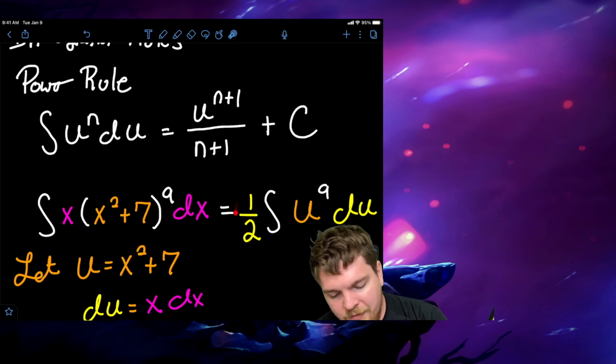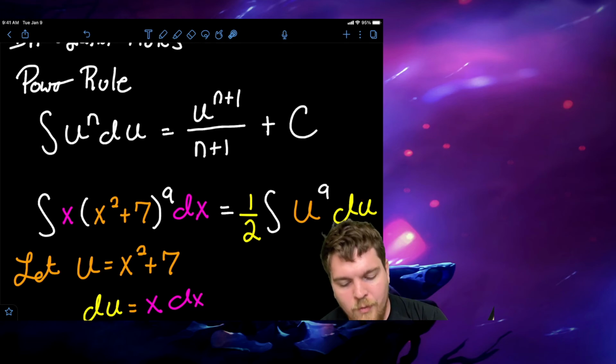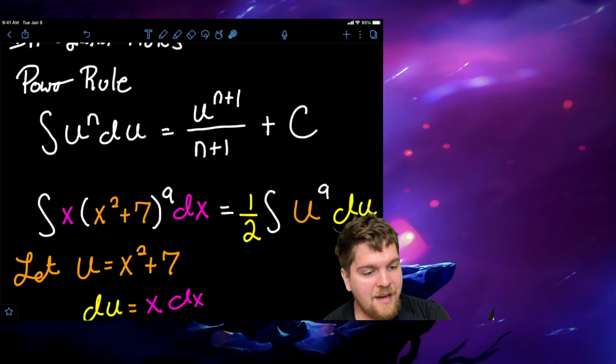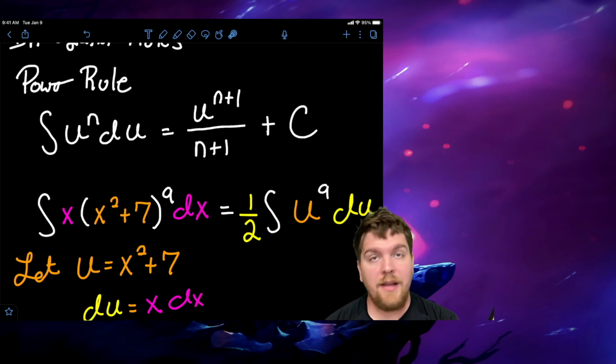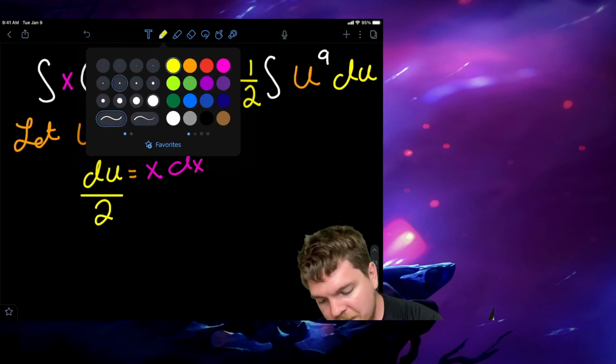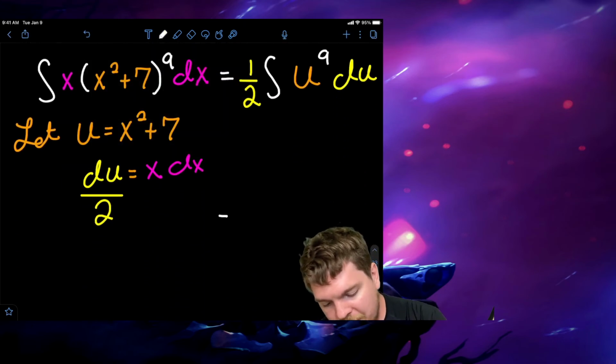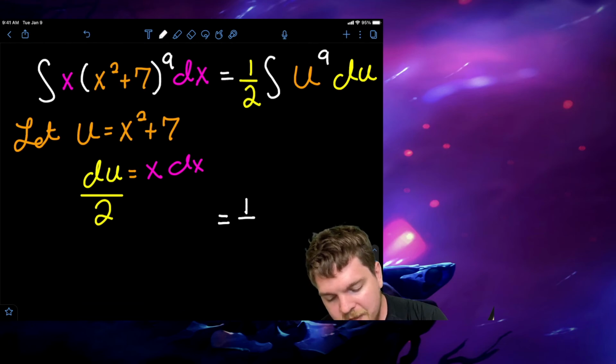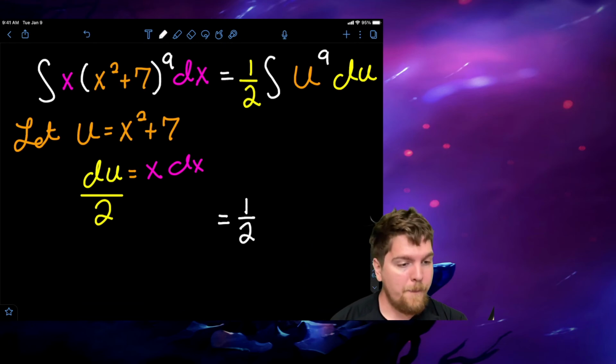Now, look at what we have. Now we have an integral of the form, the integral of u raised to a power with respect to u, exactly as is presented in the power rule for integration. So now we can just go ahead and follow along, and we can just integrate this. So this half is a constant multiple, just comes along for the ride.